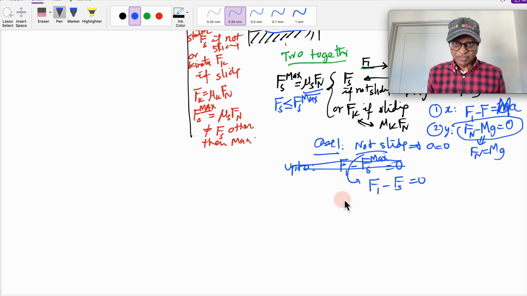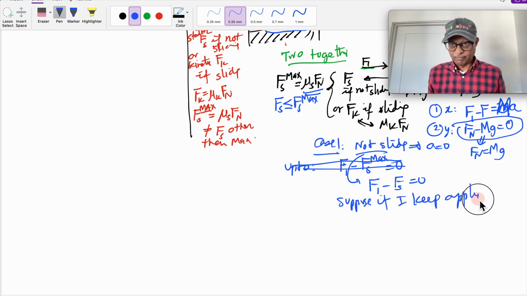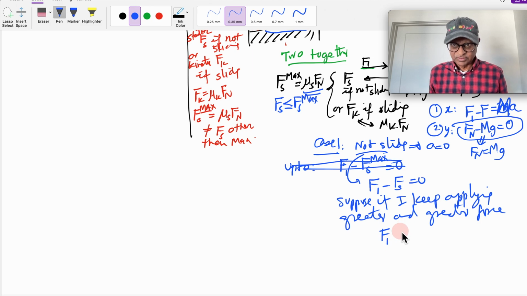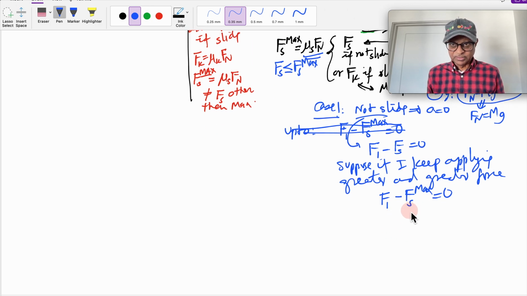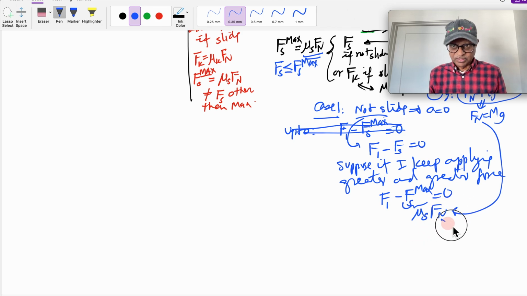But if I keep increasing, suppose I keep applying greater and greater force, then eventually Fs will reach Fs max, and at that point this can be written as mu s Fn, and Fn can be substituted over here, mu s mg.